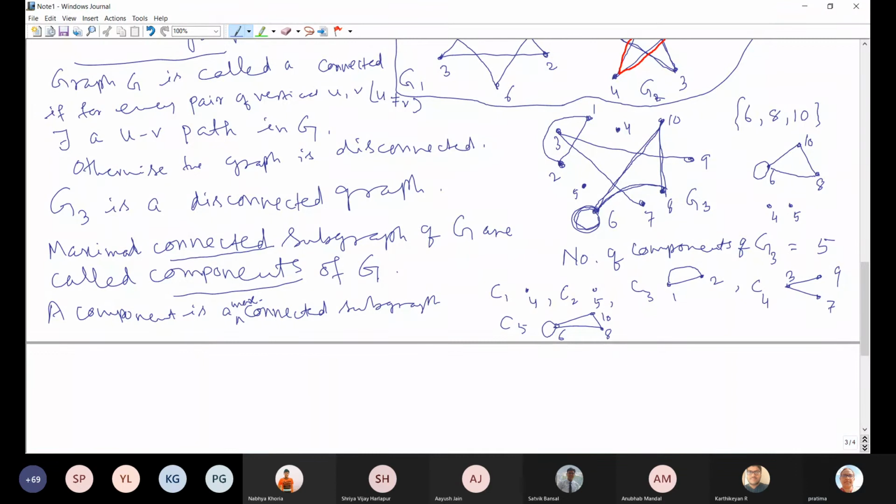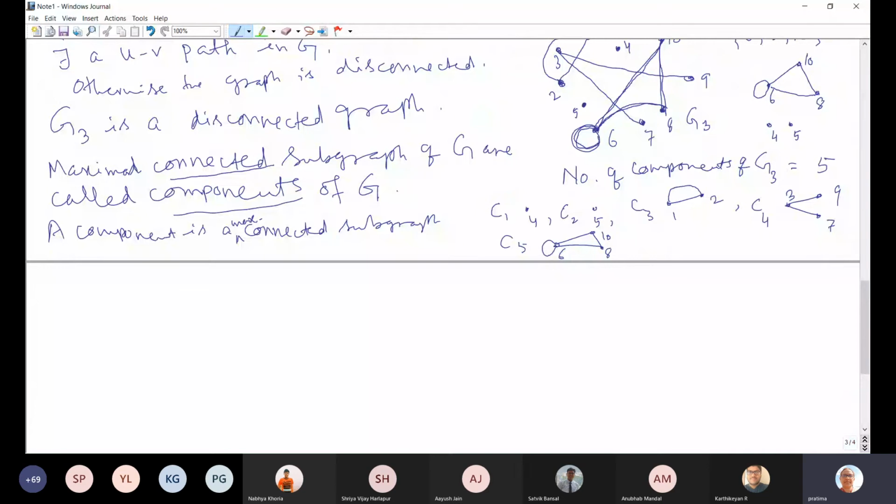We'll discuss more about connected graphs. In fact, we use this concept again and again. Now another interesting concept I'll tell you: how can we represent a graph, I mean input a graph, in a computer?